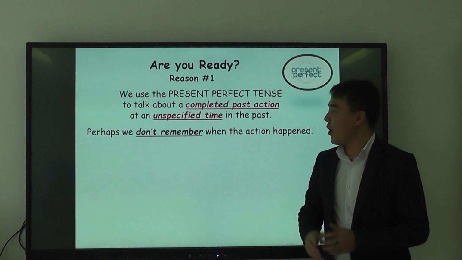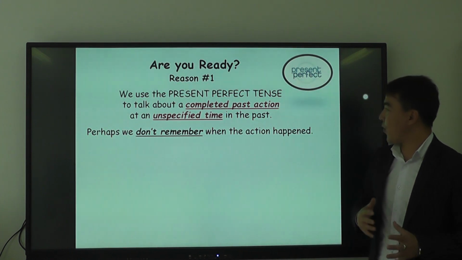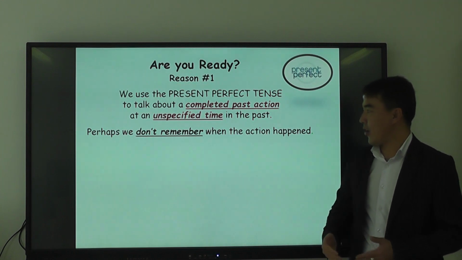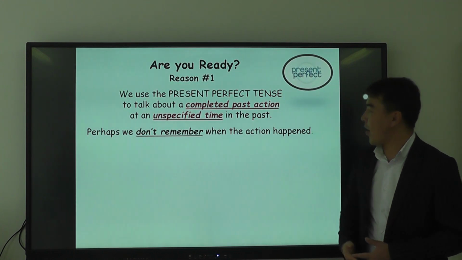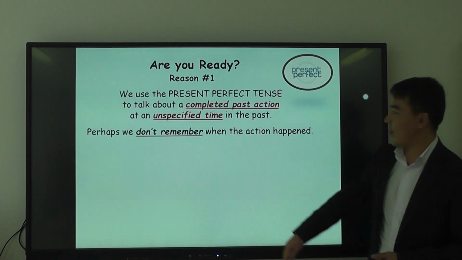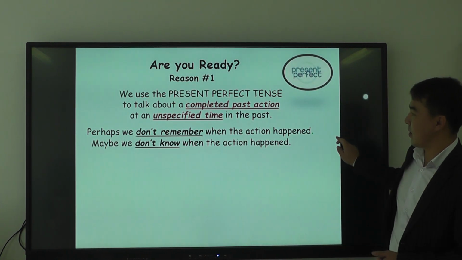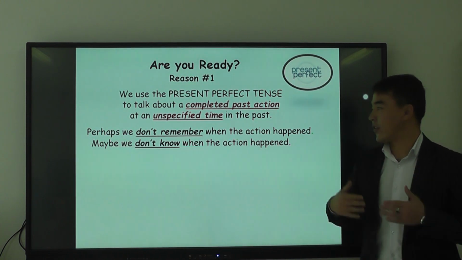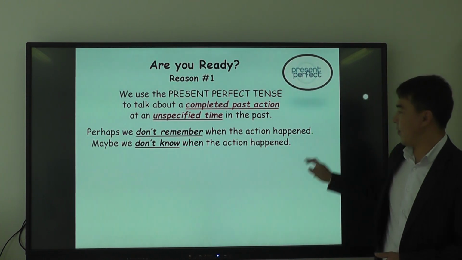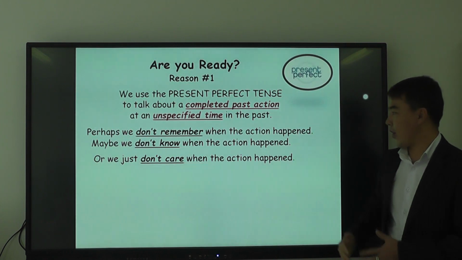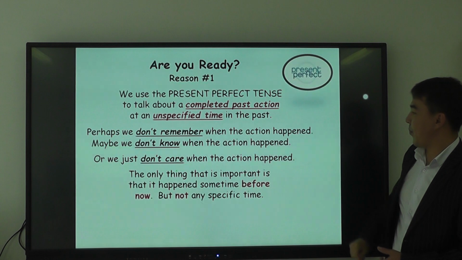Reason one, we use the present perfect tense to talk about a completed past action at an unspecified time in the past. Perhaps we don't remember when the action happened. Maybe we don't know when the action happened. Or we just don't care when the action happened.